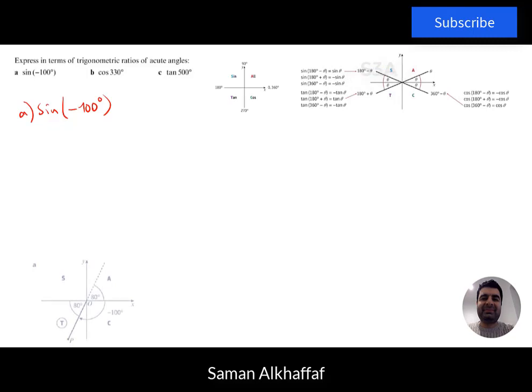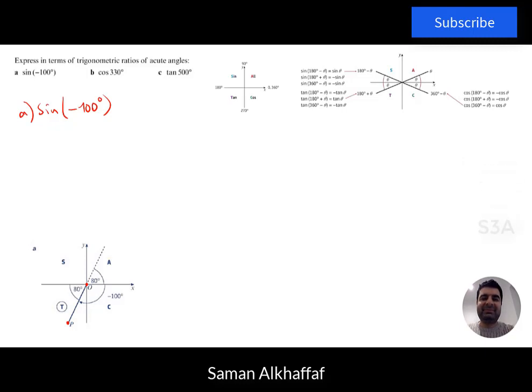So now the way this would look, we will draw our minus 100 starting from the x-axis in the negative direction, so that's going clockwise, and we can see the line OP here, connected to the x-axis.